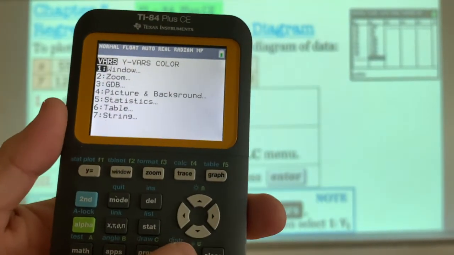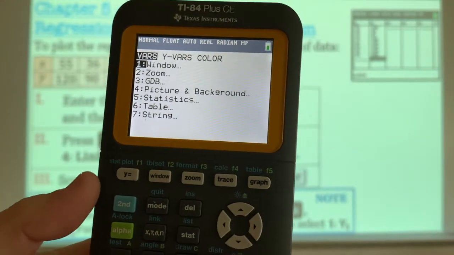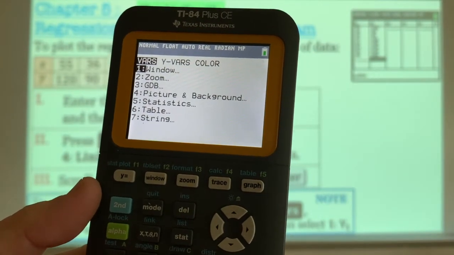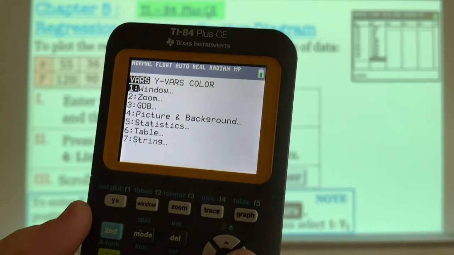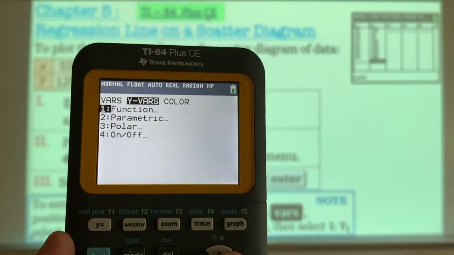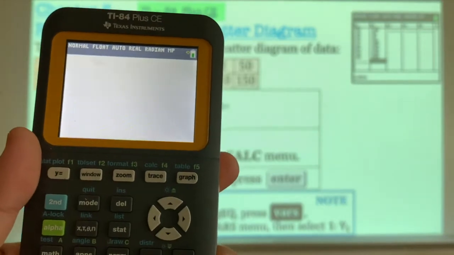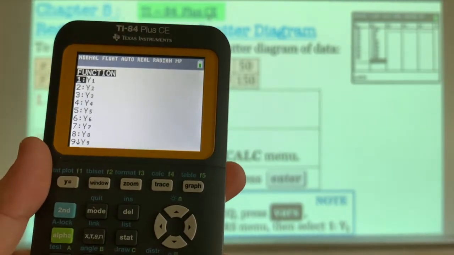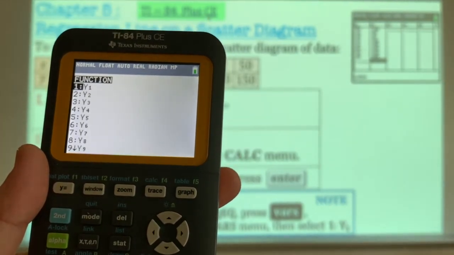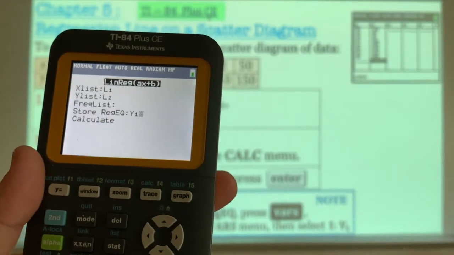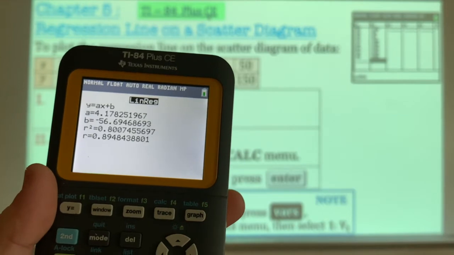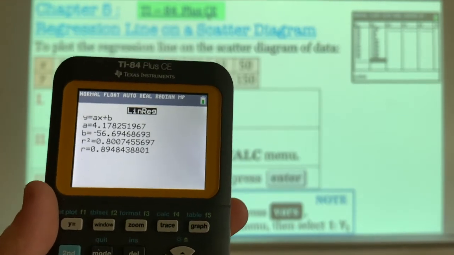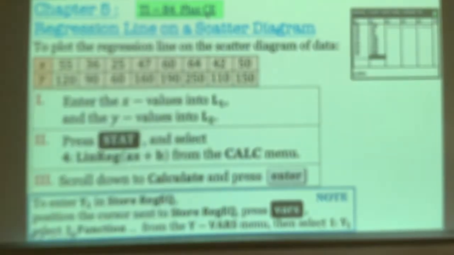Press vars, select function from the y vars, and then I can put in y1 in there. So I can store that for later on if I want. Why would I store it later on? Well, say I want to use this equation again.